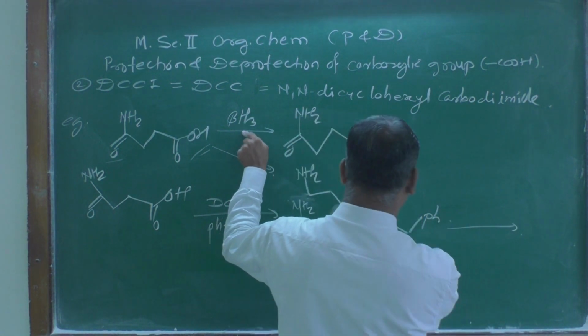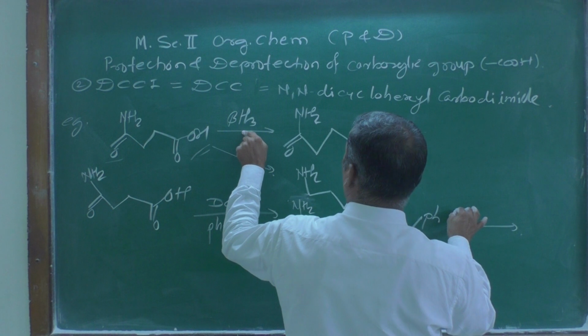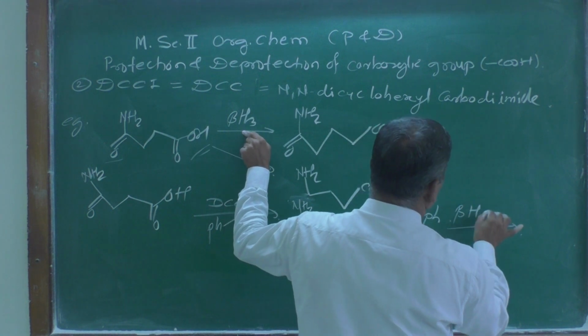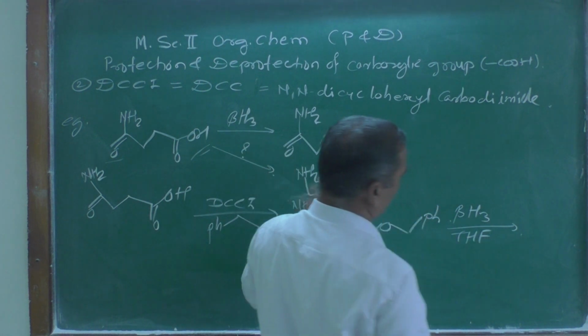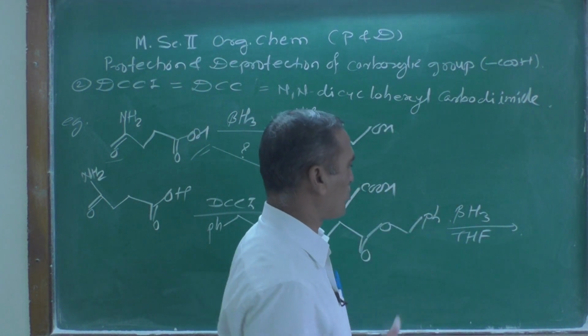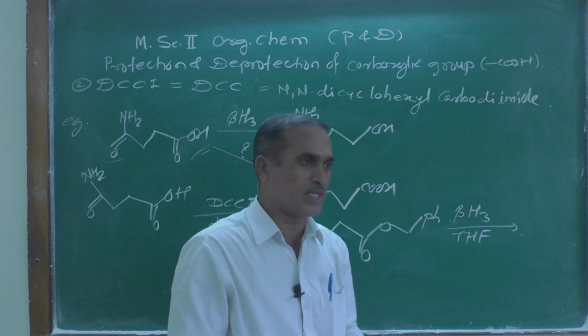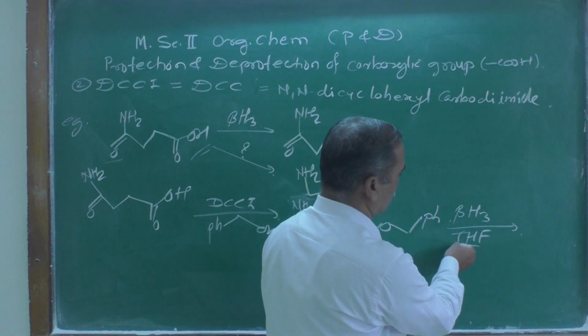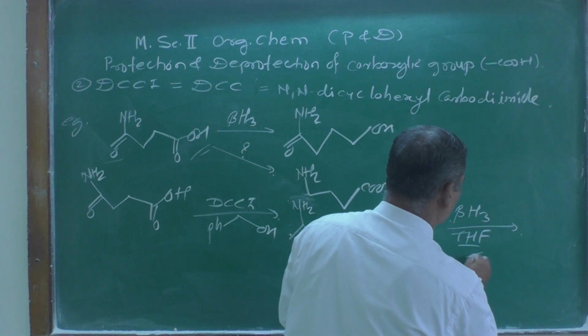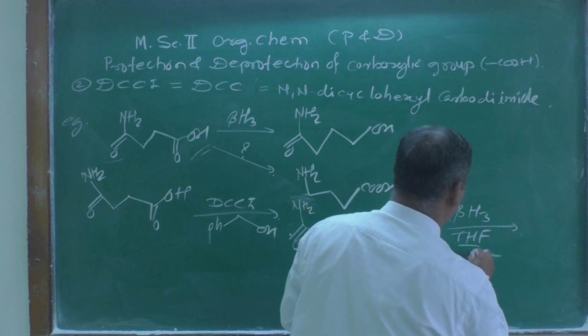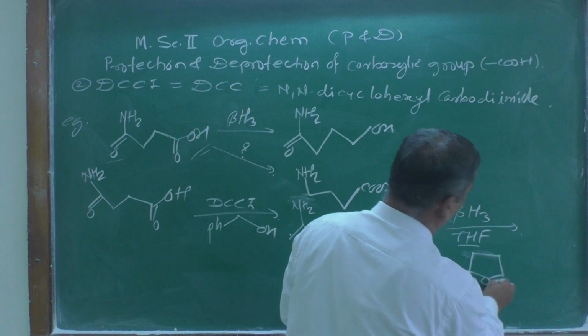You treat this compound with BH3 in presence of THF, and as we know, THF means tetrahydrofuran. I think in the previous lecture I have drawn a structure, something like this, which is a pyran, so that is not tetrahydrofuran. So let us clear the point.